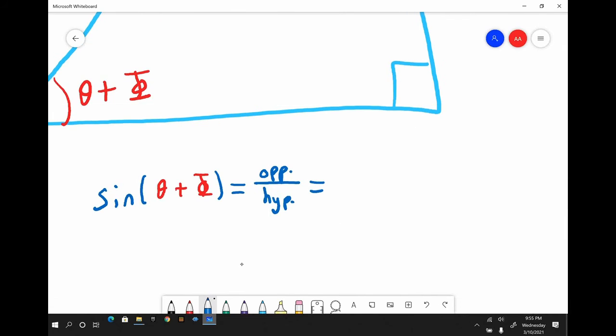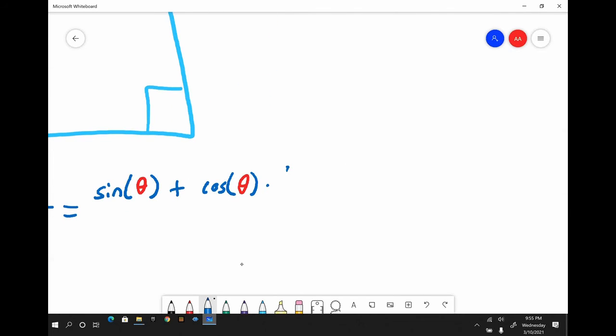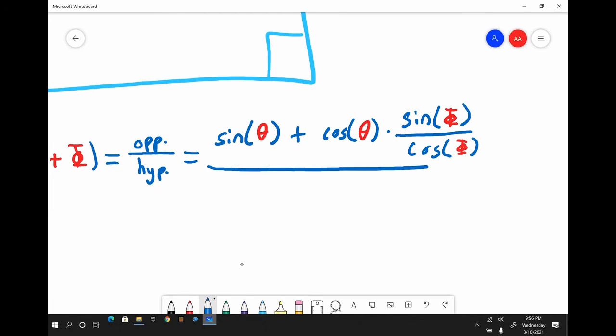So we'll have the sine of theta plus the cosine of theta times the sine of phi over the cosine of phi. And this whole thing is divided by 1 over the cosine of phi.